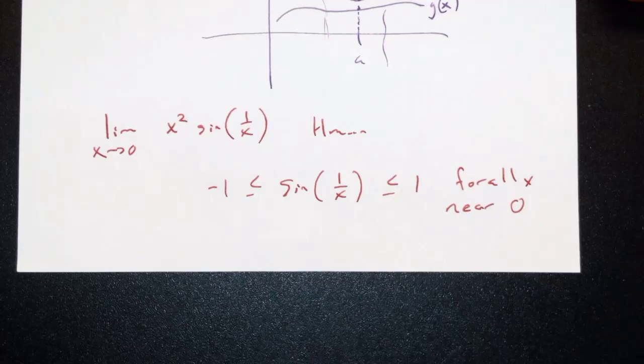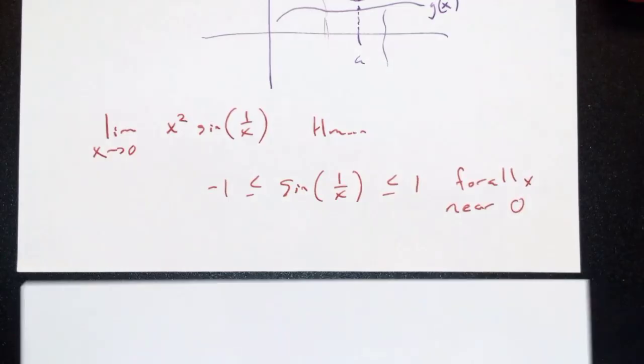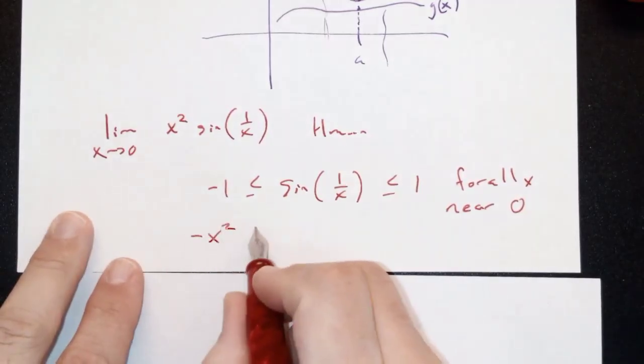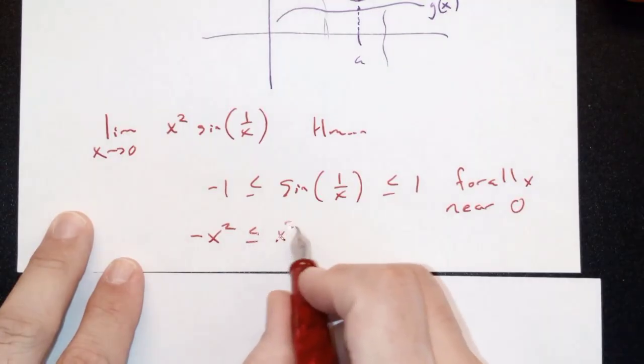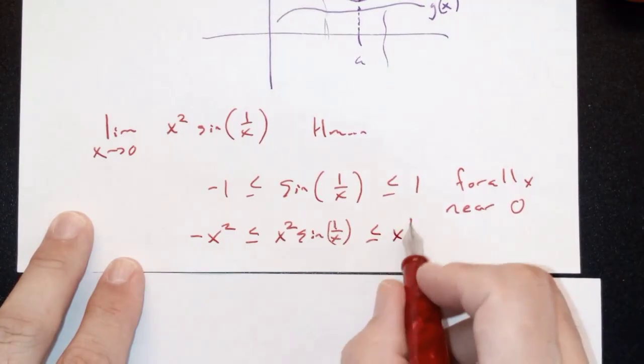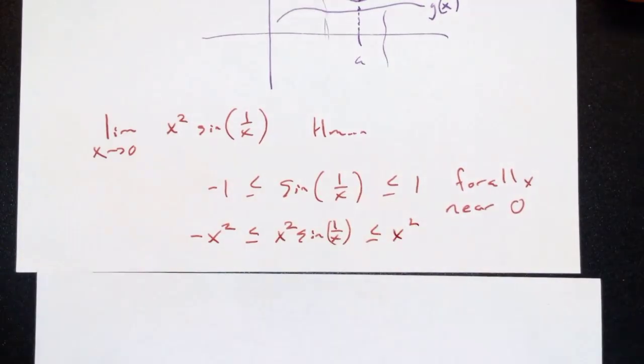Let's take this entire expression. Multiply each of those pieces by x squared. You with me so far?